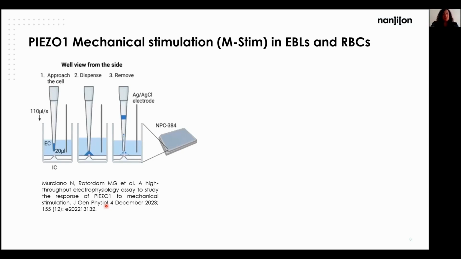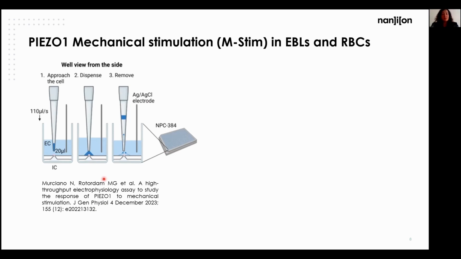Then I activated the channel mechanically in erythroblasts and red blood cells. Here is a brief introduction on how we perform mechanical stimulation. This is the side view of one of the wells of the chip.